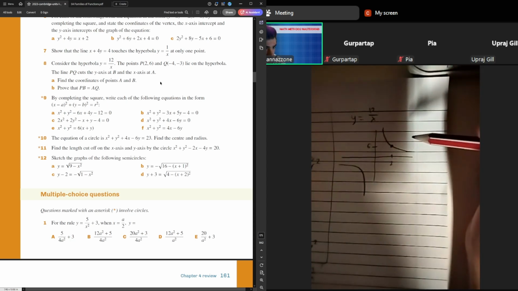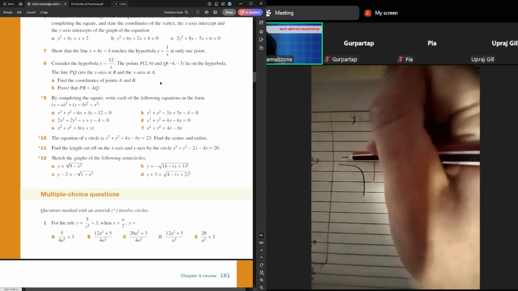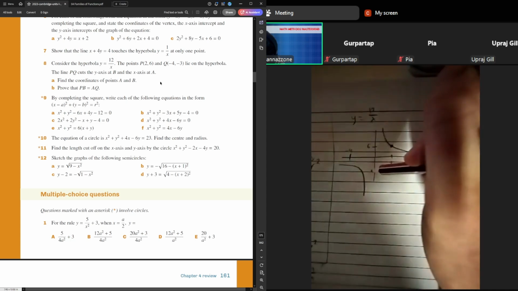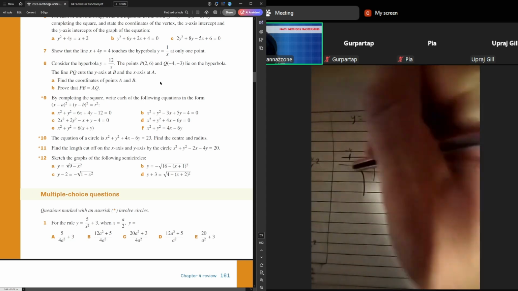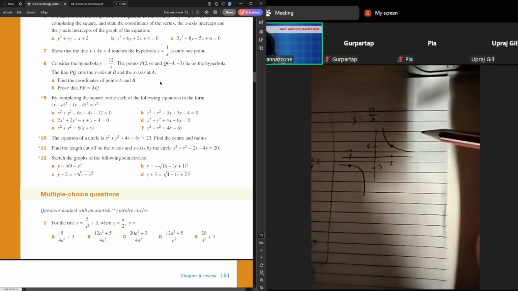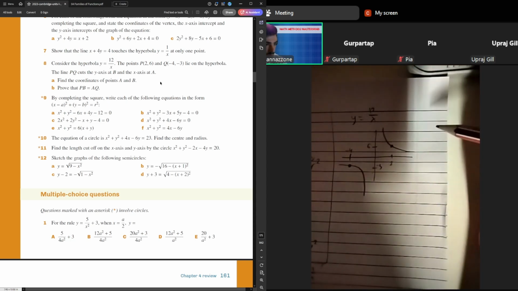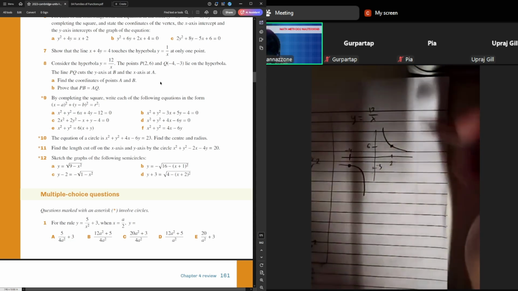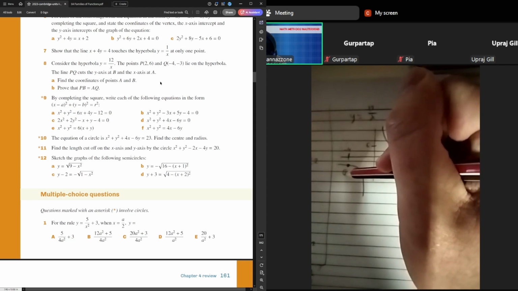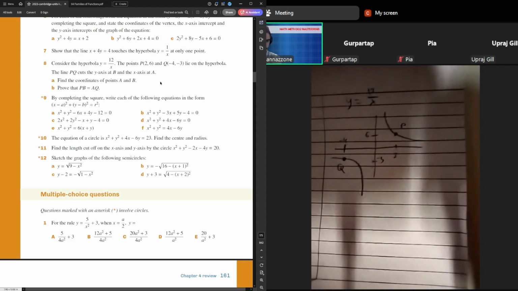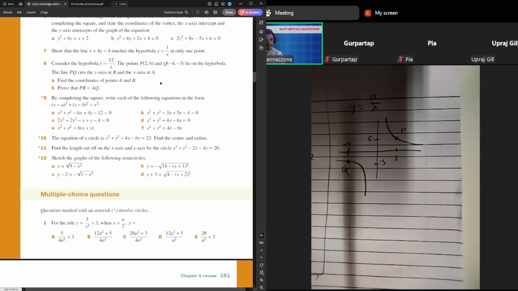We'll say -4, -3, close enough. It's got those points. This one was called P. This one was called Q. It's worth understanding that when you get a whole jumbled mess of information, it's good to draw a little picture to see what's going on.